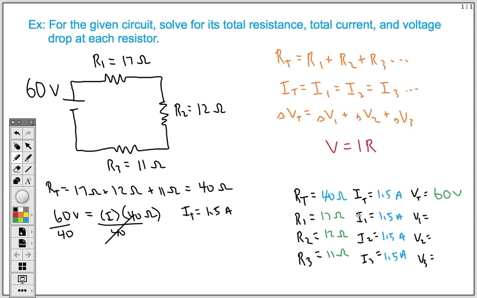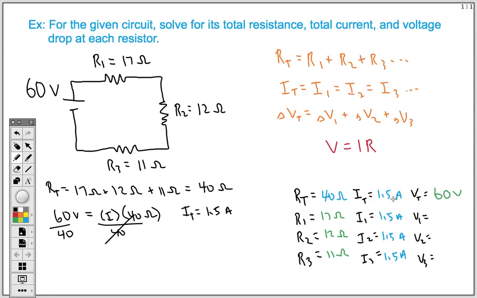For V equals IR, we have to do resistor 1 and current 1 to get voltage 1. To do it for the second one, we use all of the second resistor, and all of the third resistor. So we can't intermingle our resistors and our total values.